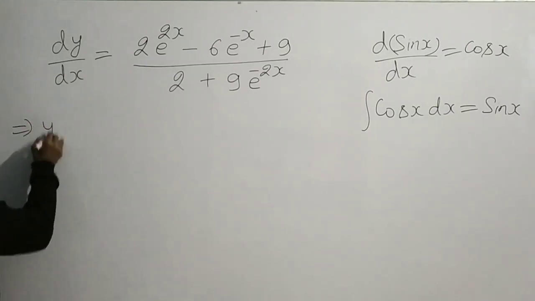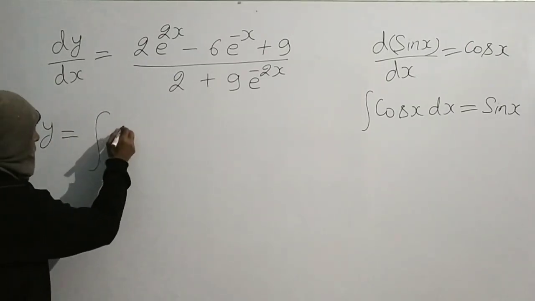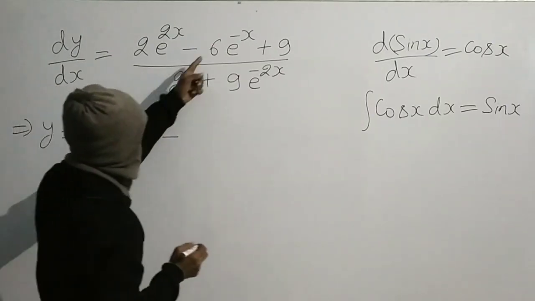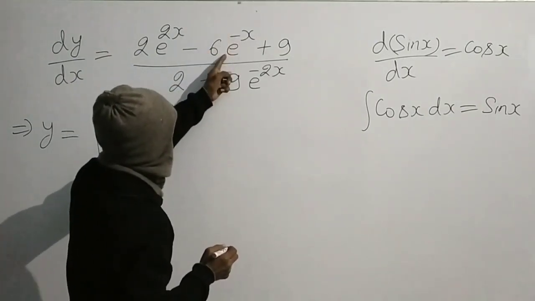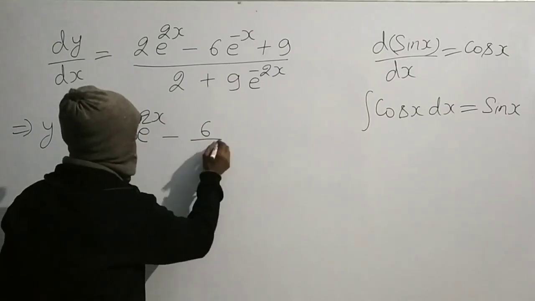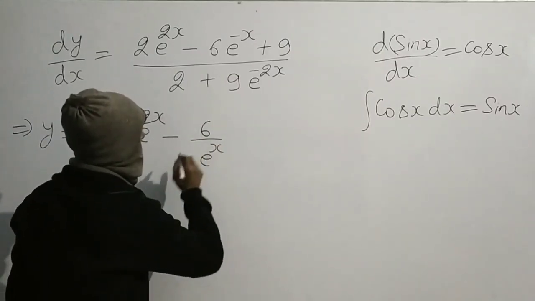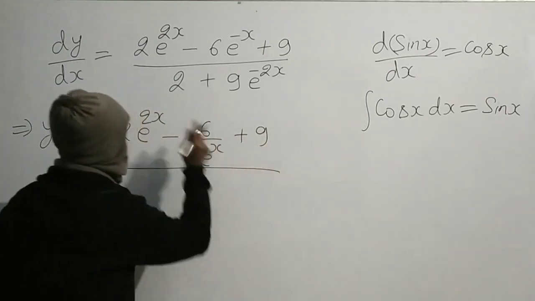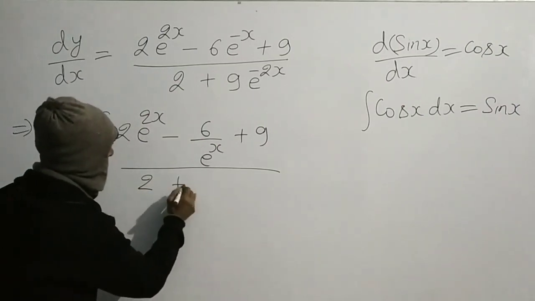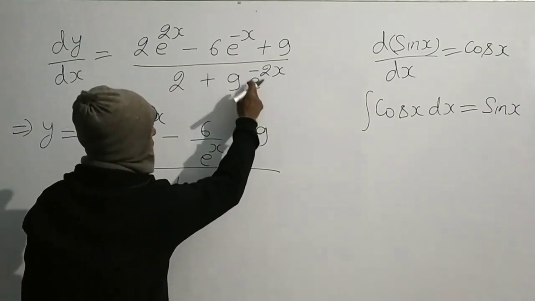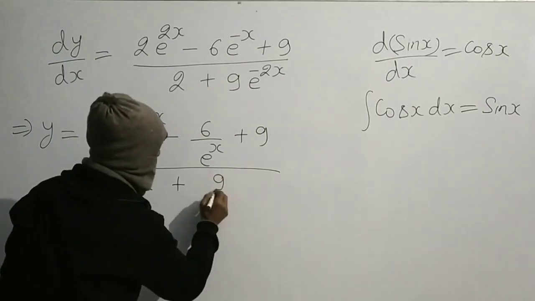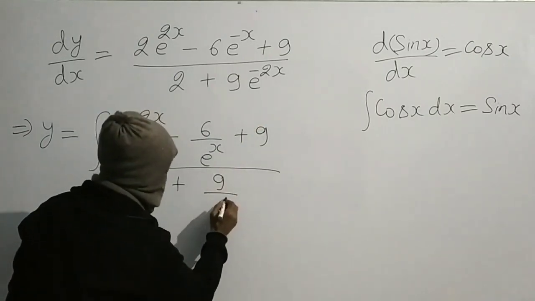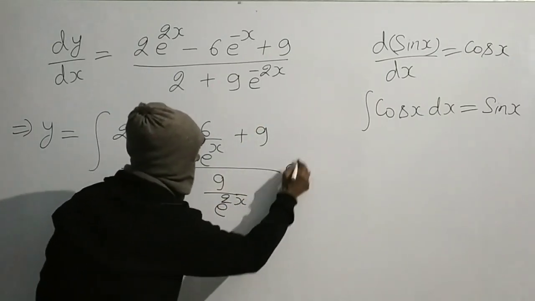That means y will be equal to the integration of 2e^(2x) minus 6e^(-x). e^(-x) can be written as 1 by e^x, so 6 by e^x, plus 9 by 2, plus 9 times e^(-2x), that is 9 by e^(2x), dx.